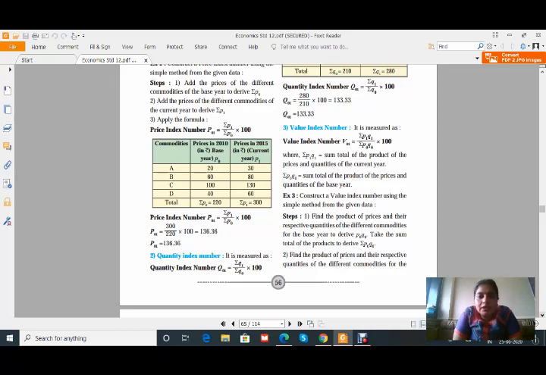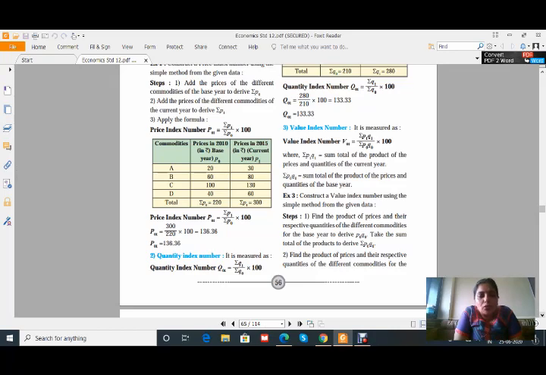It's 20 plus 60 plus 100 plus 40, which gives us 220. Summation of P1, we take the total of the column P1, 30 plus 80 plus 130 plus 60, that is 300. Now price index number P01 is calculated as 300 upon 220 into 100, and it is equal to 136.36. This is the price index, that means we consider only the price of the commodities.